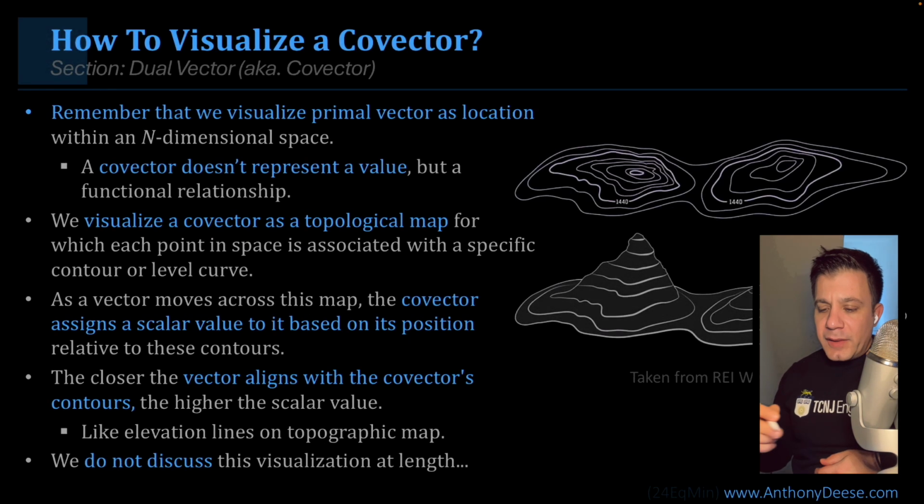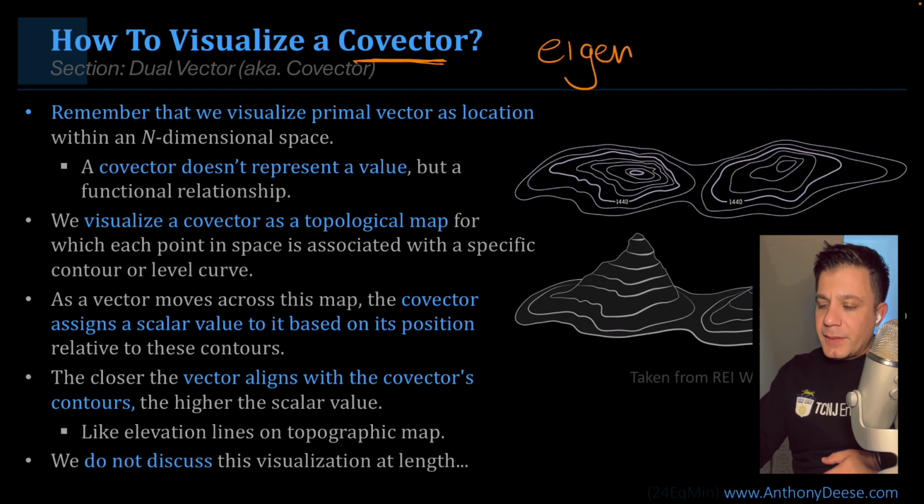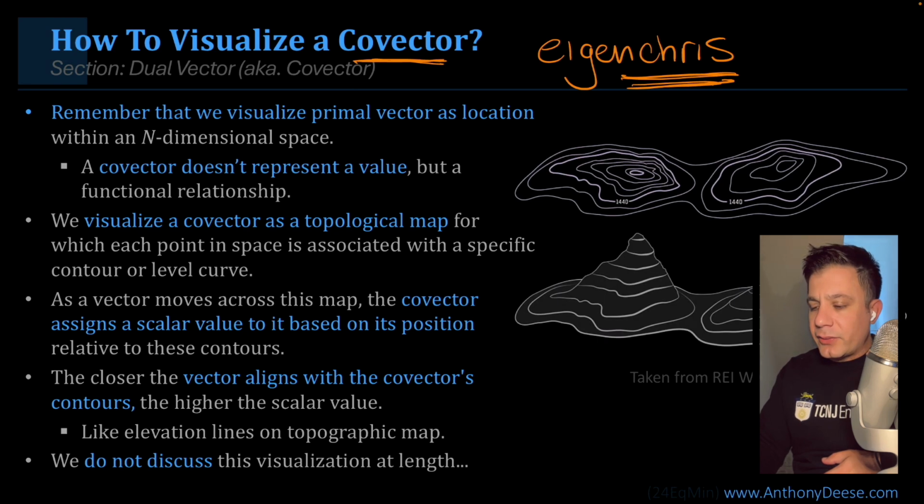Now, how do we visualize a covector? I'm not going to spend too much time talking about this because it can be quite complicated to do. I've been meaning to do this for several videos: I wanted to refer all of you to a really great YouTube channel called Eigenchris. I'm going to try to put a QR code up here if I can, or maybe I'll put it in the description.